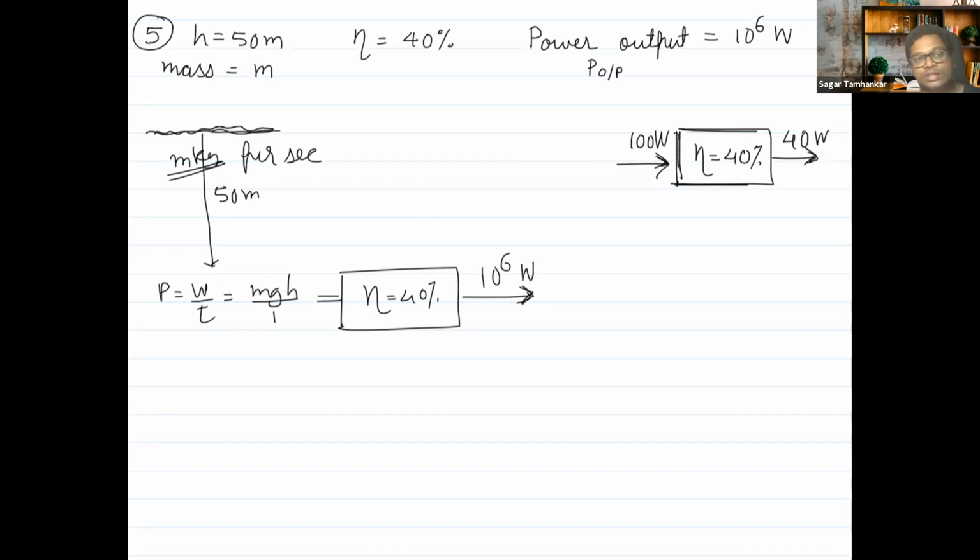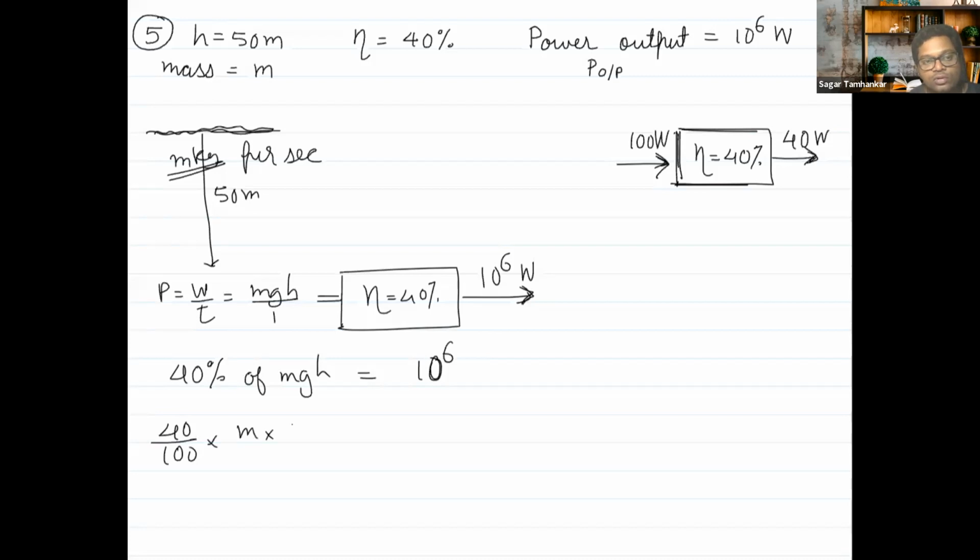Any question in this? So basically 40% of mgh is equal to 10 to the power 6. I will also write it in a different way, but if you understand this, so this is 40 upon 100.